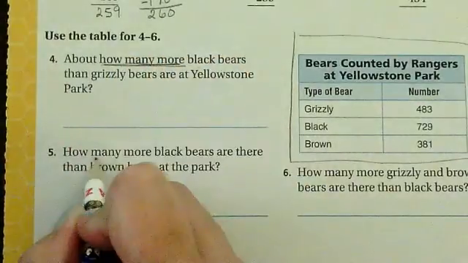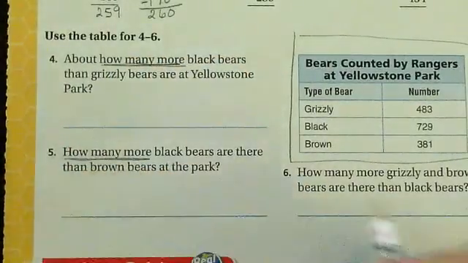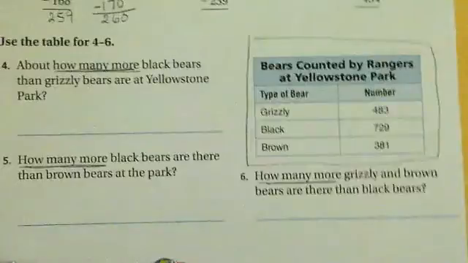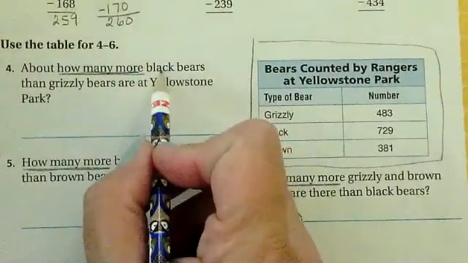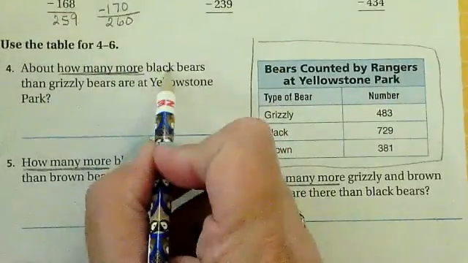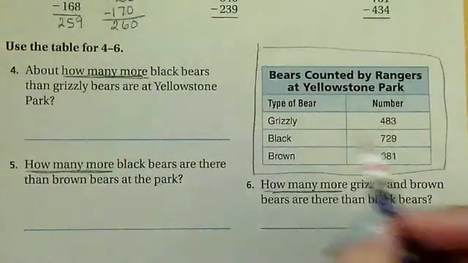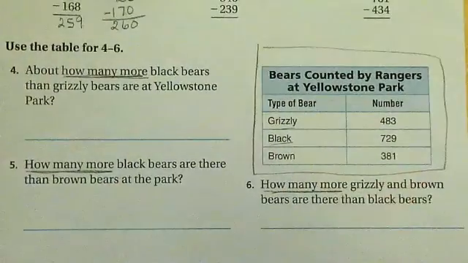How many more? Make sure that you are looking at the information that they're asking you for. For instance, in number 4, how many more black bears than grizzly bears are at Yellowstone? Same thing for 5 and 6.